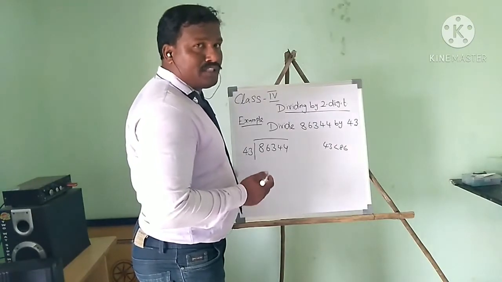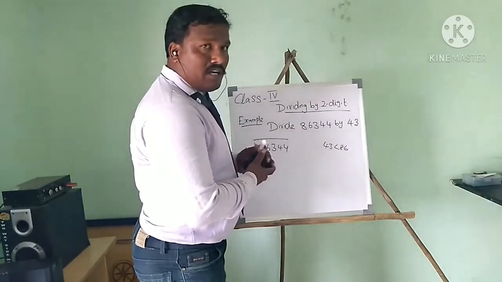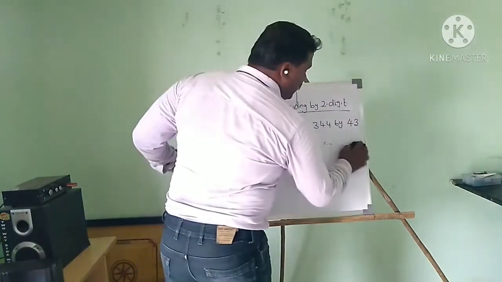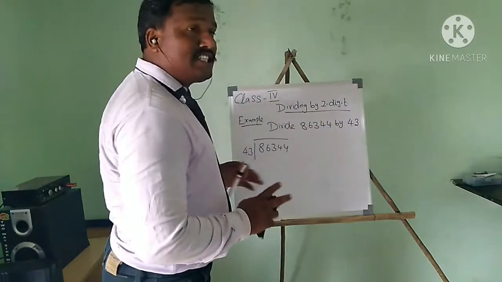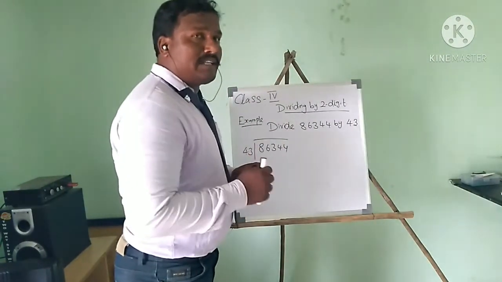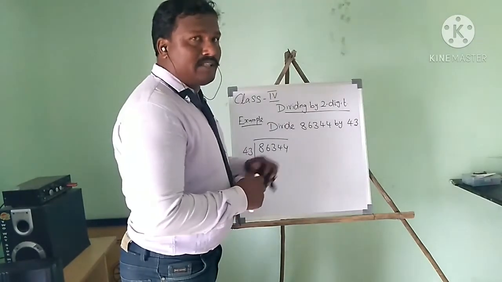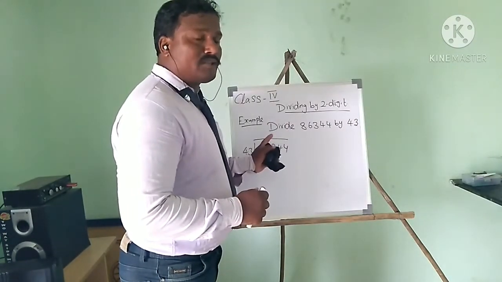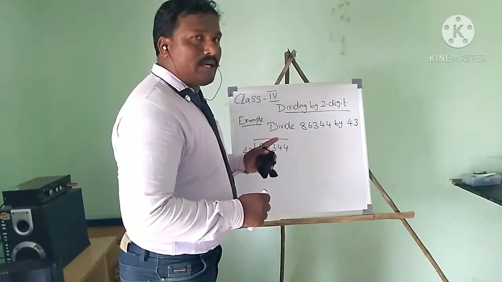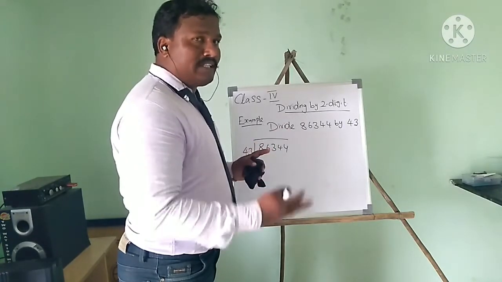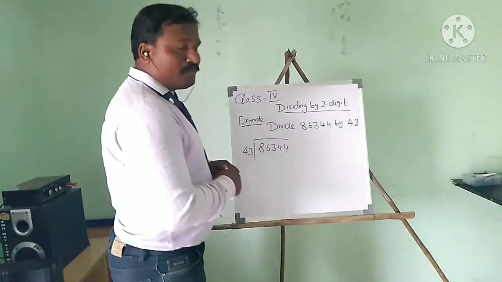So we can take 2 digits. I think you are clear on how many digits you want to take, first 2 digits or 1 digit. I think you don't have any doubt. You are clear. So I will continue.